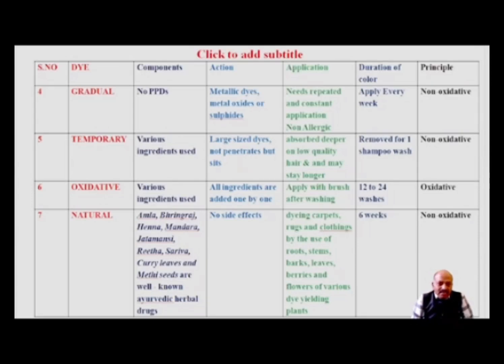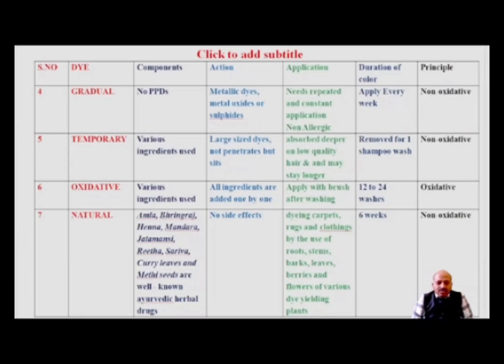Natural dyes: the components present are amla, bhringraj, henna, mandara, jatamansi, ritha, sariva, curry leaves and methi seeds, which are well known Ayurvedic herbal drugs. Action: no side effects because they are all natural drugs. Application is dyeing carpets, rugs and clothing by the use of roots, stems, barks, leaves, berries and flowers of various dye-yielding plants. And the duration will be 6 weeks, a long time. And the principle is non-oxidative.